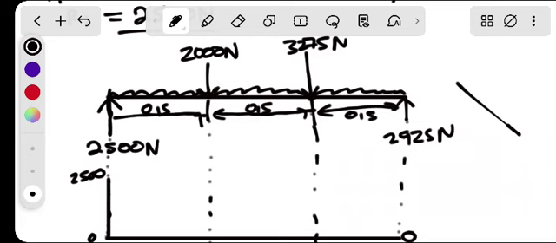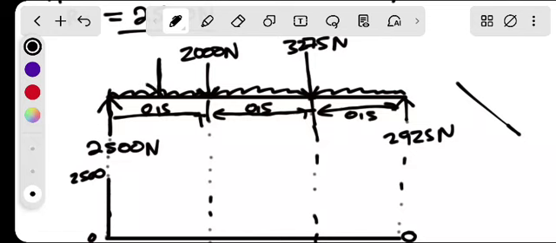Sorry, we went up, so we're supposed to go to this part there. We have some force again here. Remember, this is distributed.